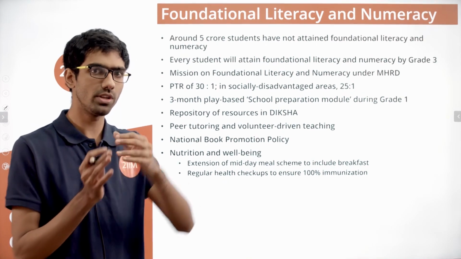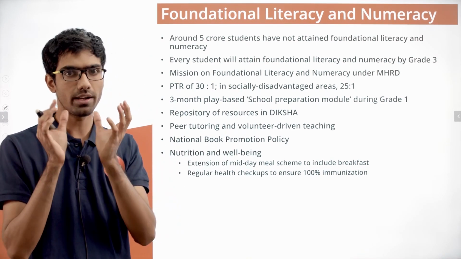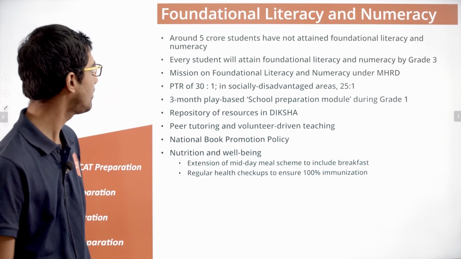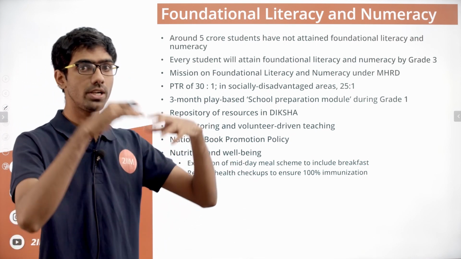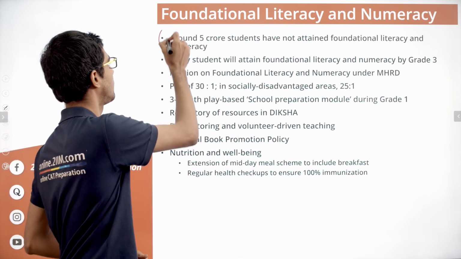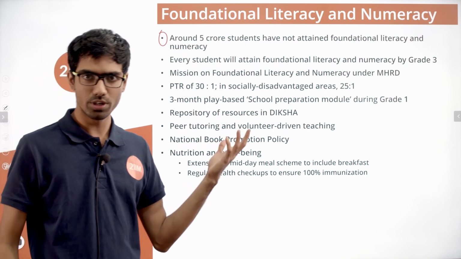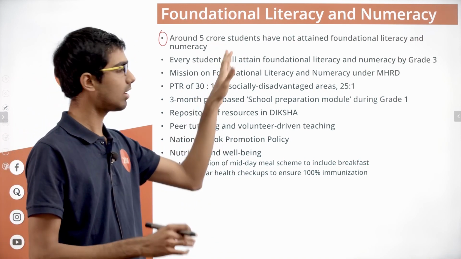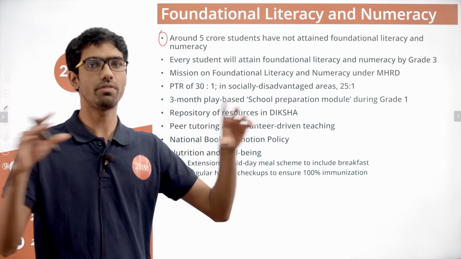We saw a brief about this earlier when we mentioned what the actual meaning of foundational literacy is. But the reason this component needs to be structured around as it is this. Around 5 crore students. So these 5 crore students can be categorized into 2 different types.